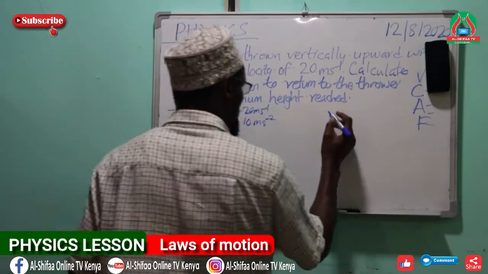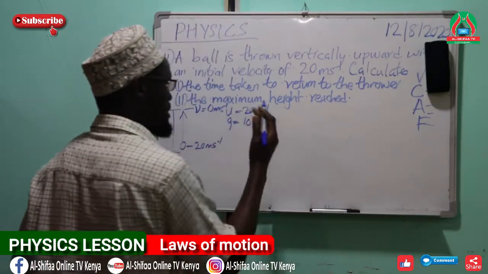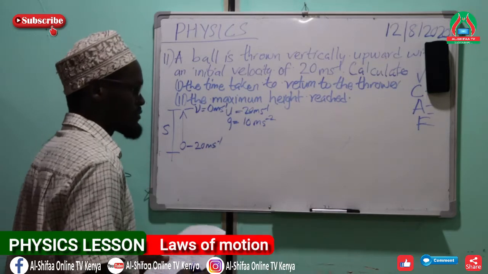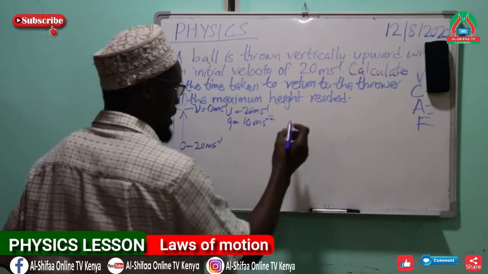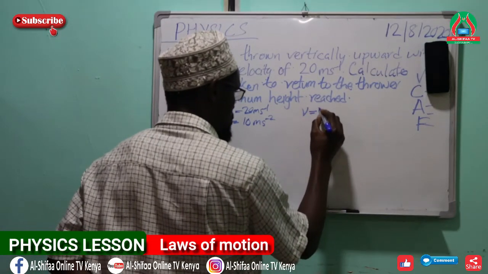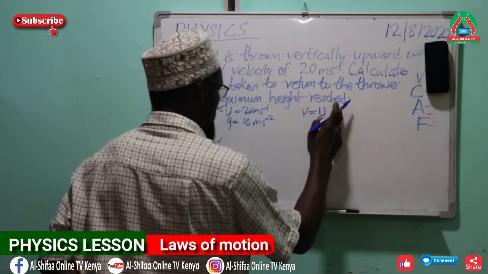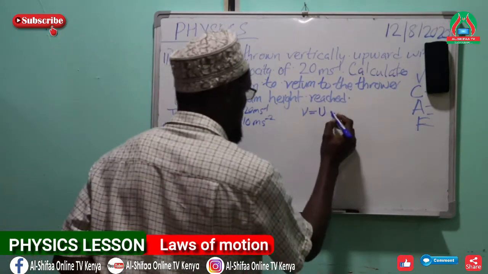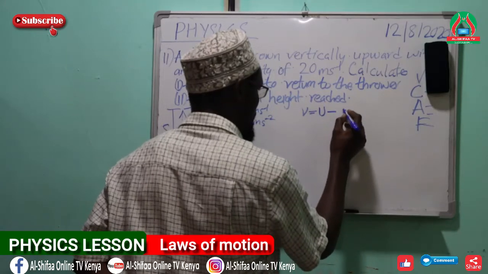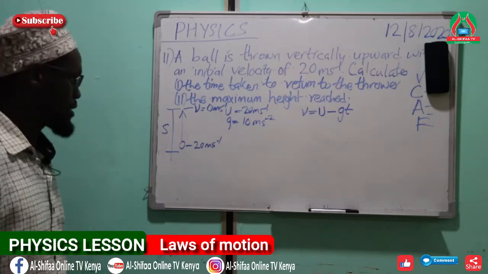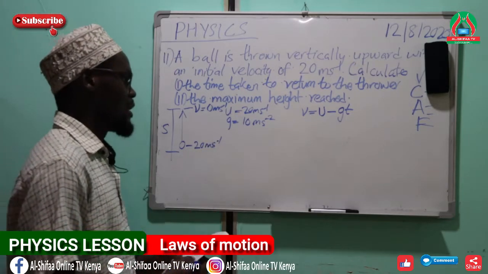In the kinematic equation applied to gravitational pull, we have final velocity is equal to initial velocity, but since it is moving upward, against the gravitational pull, it will be minus gt. So we make t the subject.